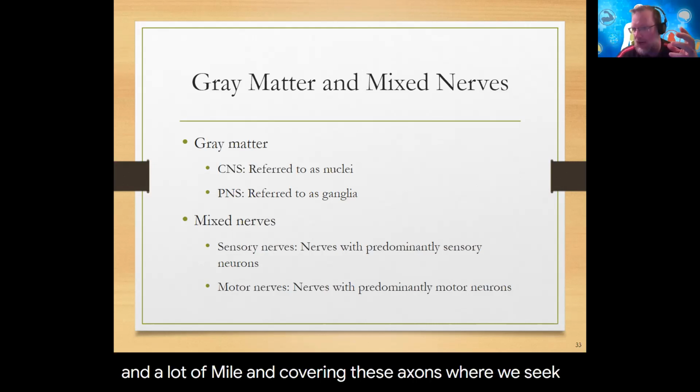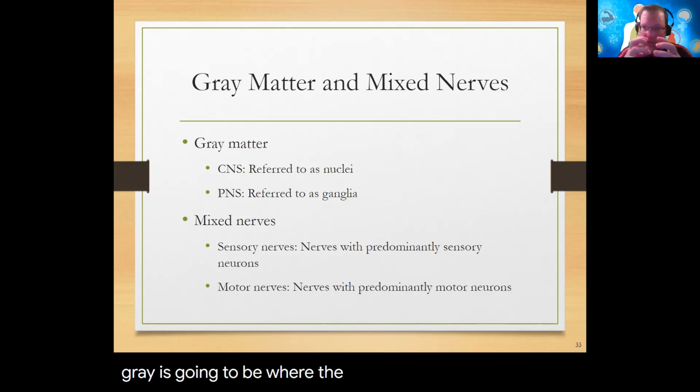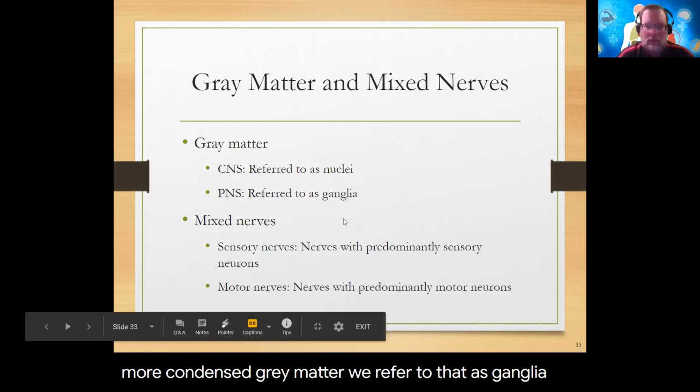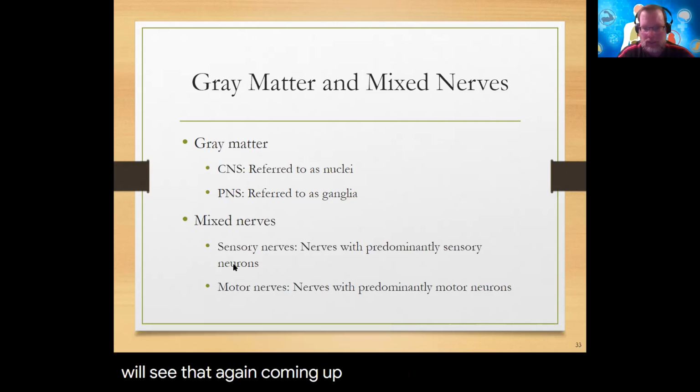Where we see gray is where the nuclei of the neurons, the cell bodies, are going to be more condensed. And then in the PNS, the gray matter, we refer to that as ganglia. So we'll see that again coming up later on.